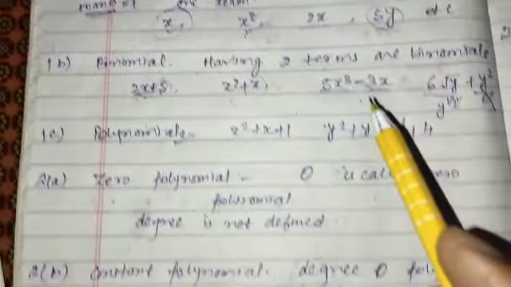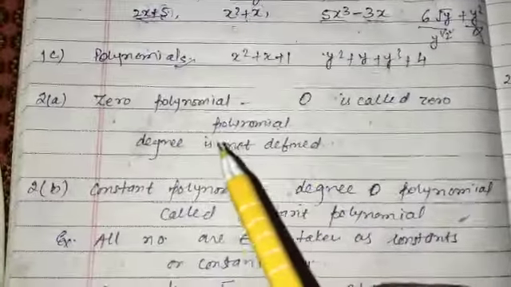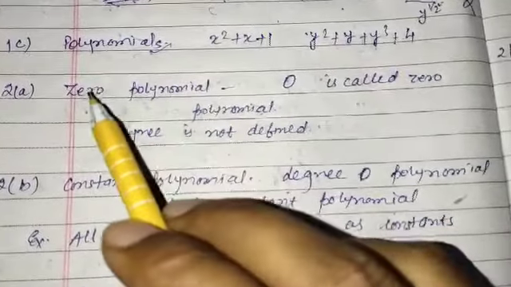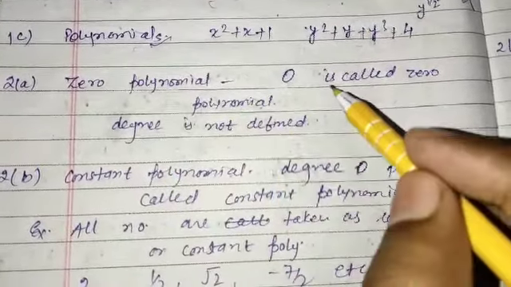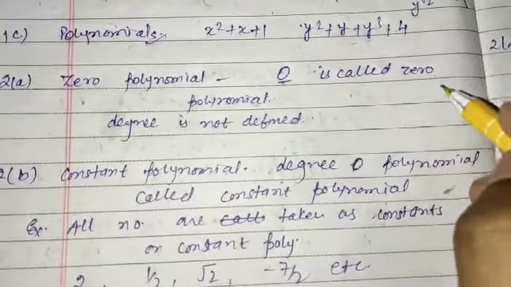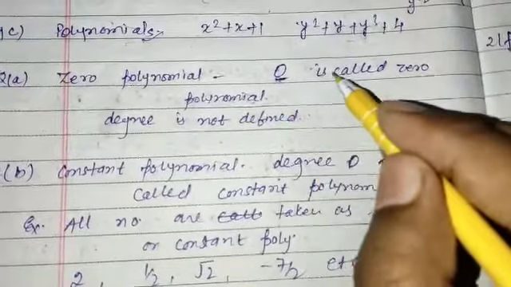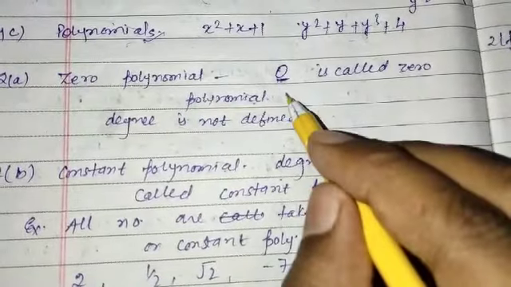Now on the basis of the degree of the polynomial, we will categorize. The first, very important definition is the zero polynomial. Very simple definition: the number zero that you know very well, this number 0, is called the zero polynomial.